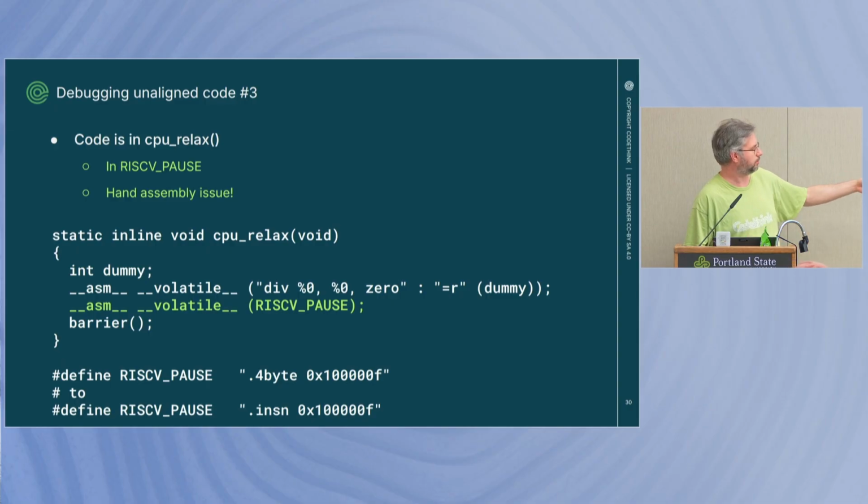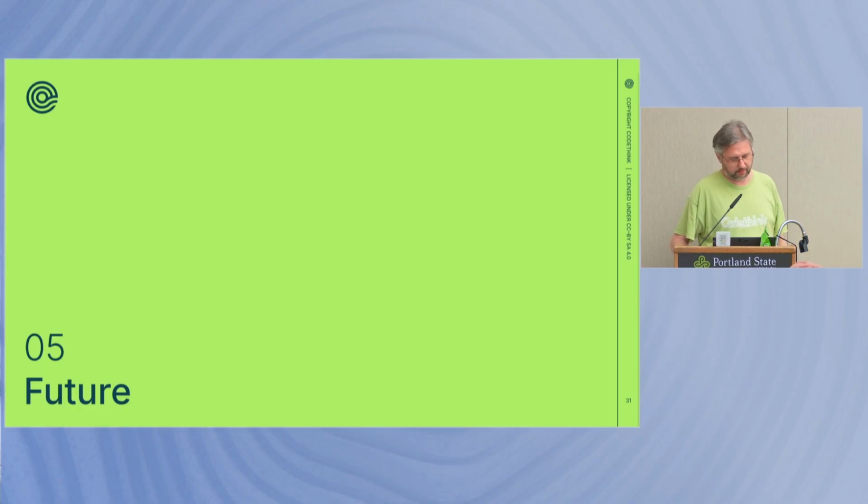So the RISC-V pause is this 4-byte value, which is a fence in little-endian, and that's the correct thing it's doing. It's basically saying, relax a little bit, cause the processor to do something that may synchronize up. So the correct fix here is to change that to .ints, and they could have made something that was actually easier to say. But yeah, that was the change. Fixed that, and it worked.